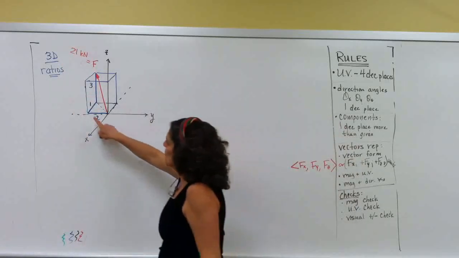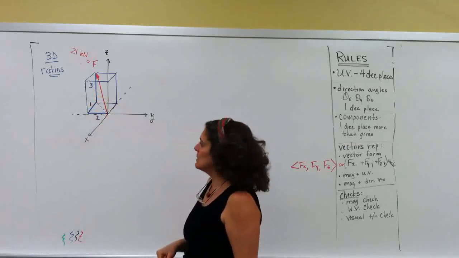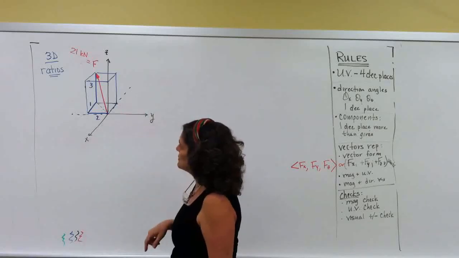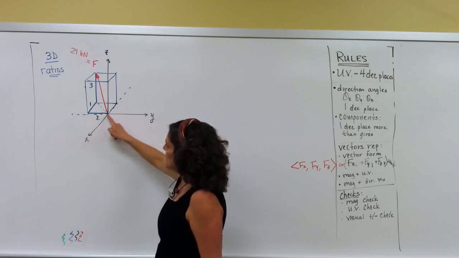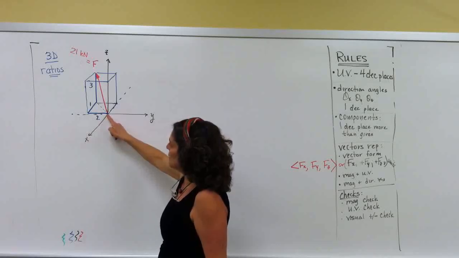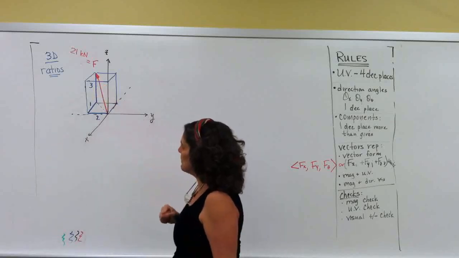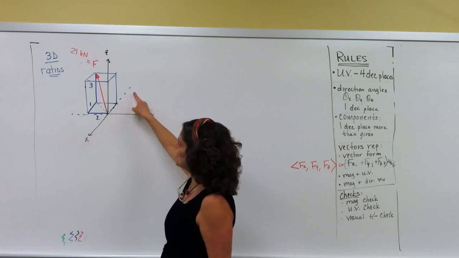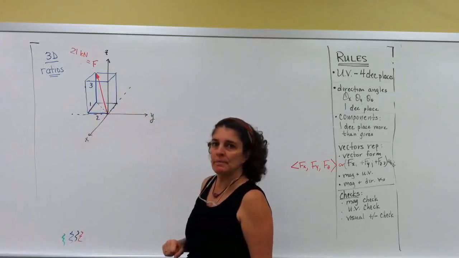Of the 1, 2, and 3, which is the distance in the x direction? Take a look at your x-axis, and which distance is parallel to the x? The 1. I'm going from the bottom front right corner of the box to the top left back corner of the box. So am I going in the positive x direction or the negative x direction? I'm going 1 unit in the negative direction, so it's a -1.